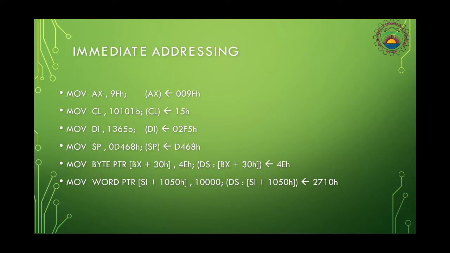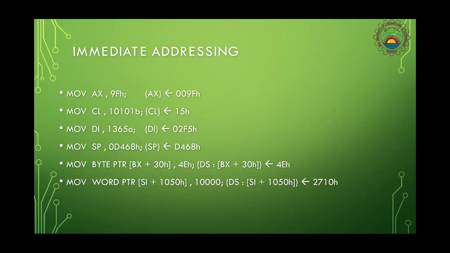So we have written 0 with D468H for declaring this as a number. So SP will be having D468H after execution of this instruction. 0 is only declaring this as a number, and that is the purpose of 0.